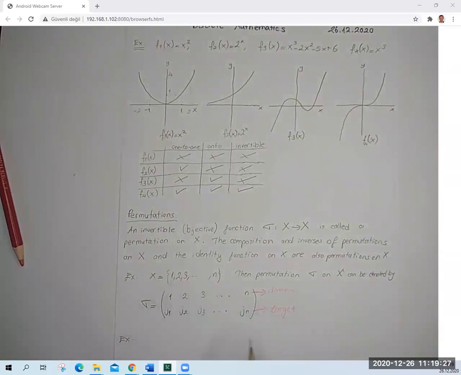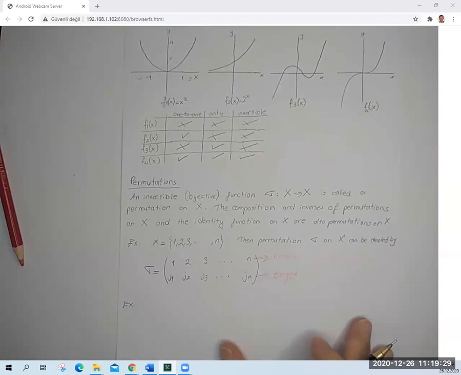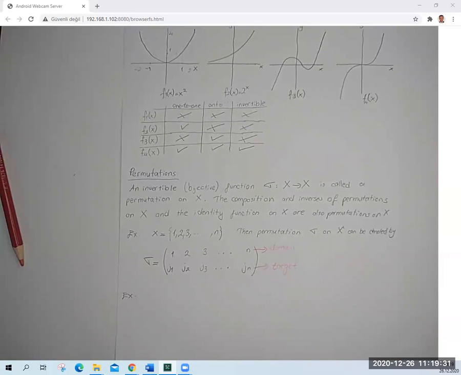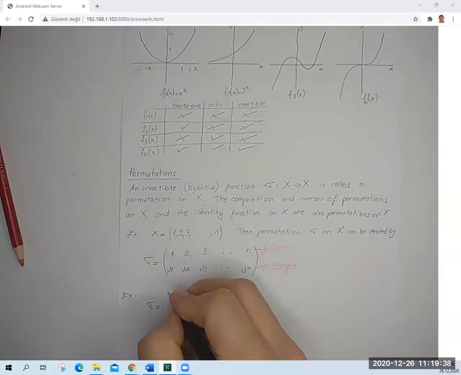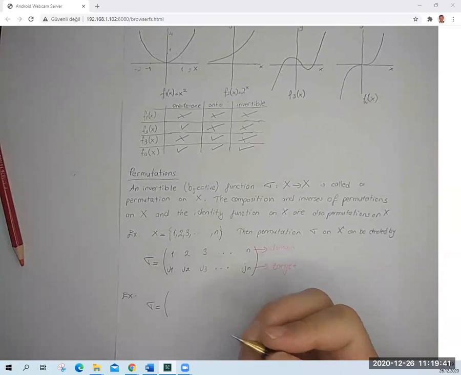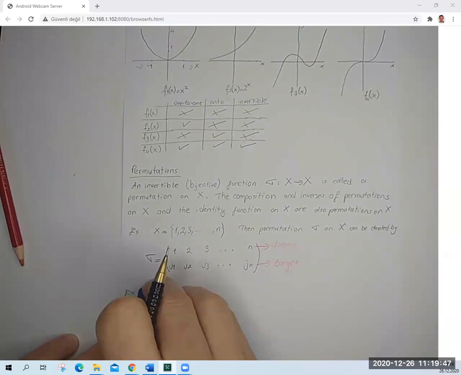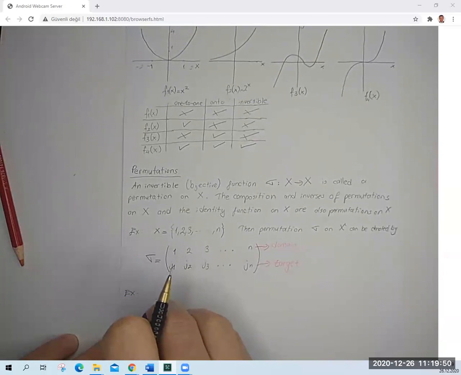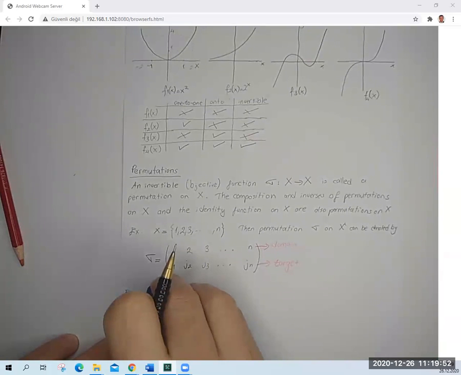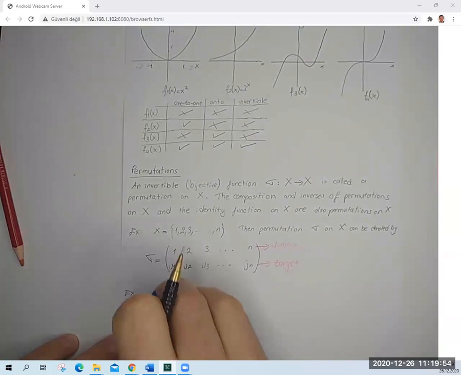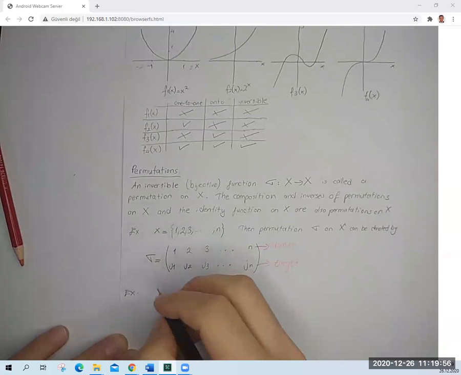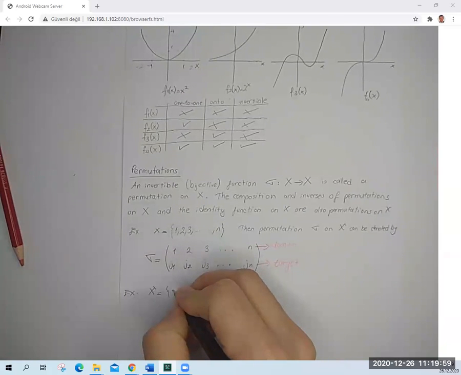This is the formulated example, and let's write some numerical example. Sigma again, and let's define the x set also. X is equal to 1 to 6: 1, 2, 3, 4, 5, and 6.